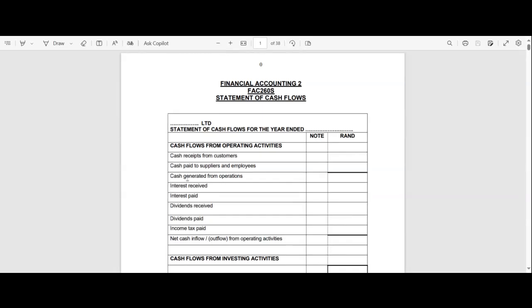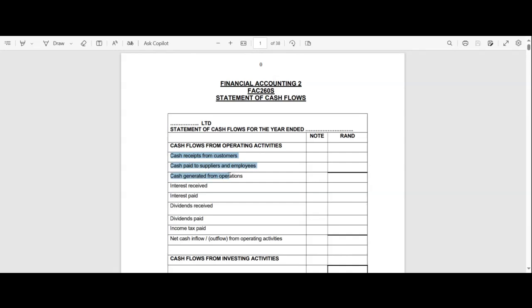That relates to all of these items. How do we get cash receipts from customers if we have, for instance, the sales figure and we have the opening accounts receivable balance and we have the closing accounts receivable balance? How can we calculate that? So we are going to derive the cash flows from information available to us.